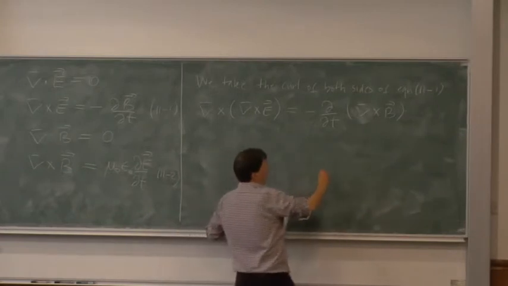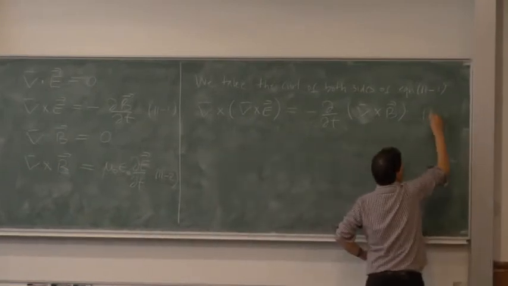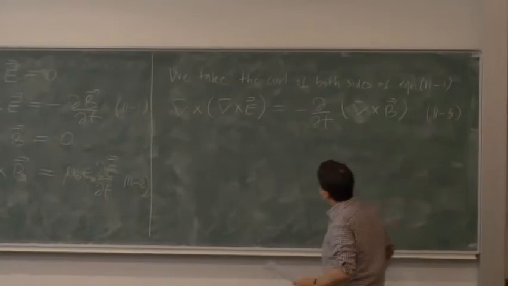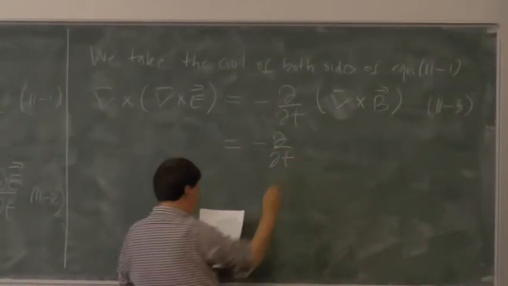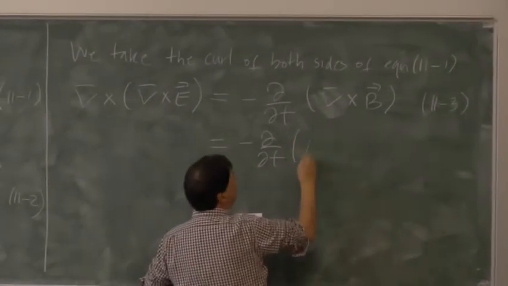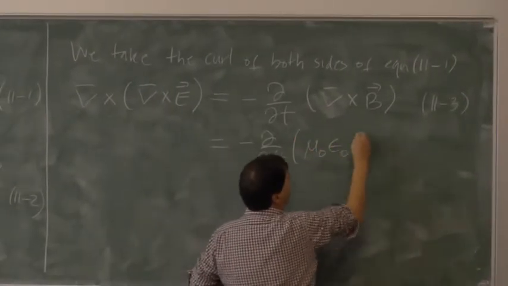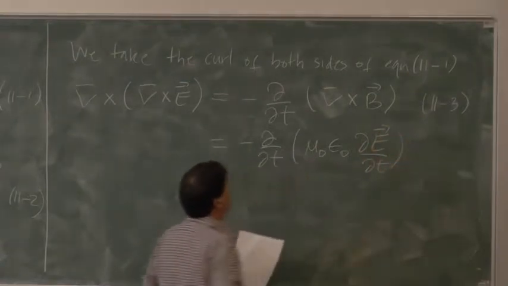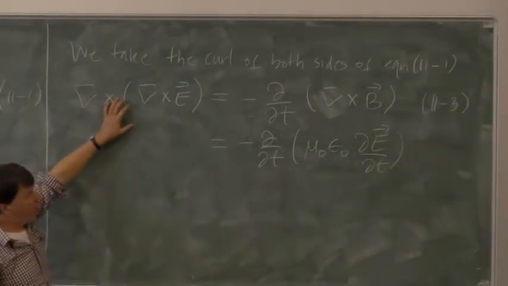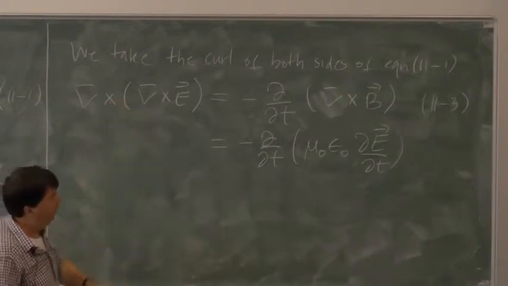Let's make this 11.3 so that we can go through gradually all the steps. This is minus d by dt of mu naught epsilon naught dE by dt. Clearly now we've got an equation which is purely an equation for the electric field.